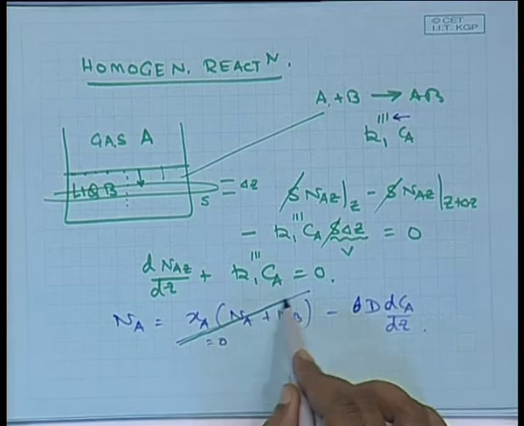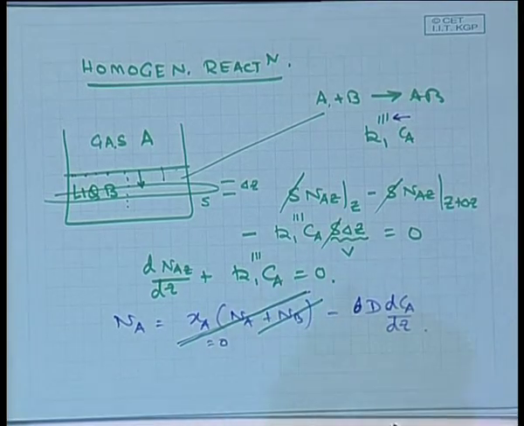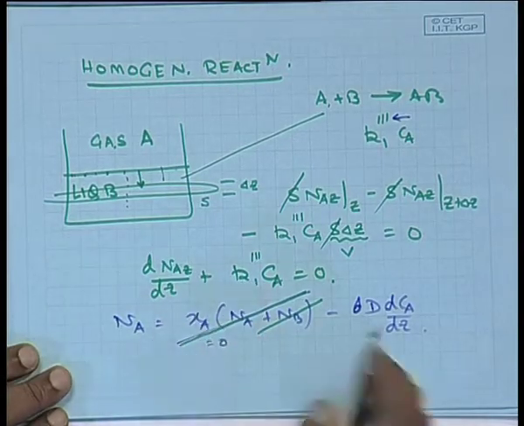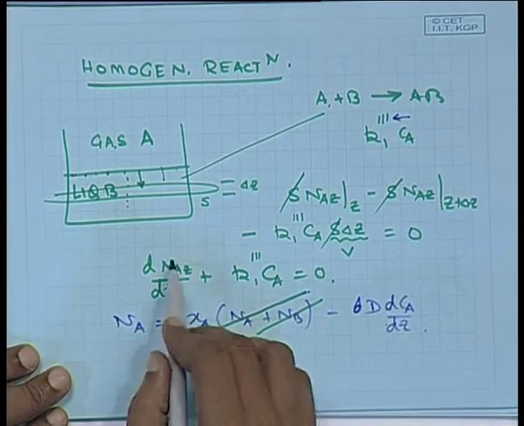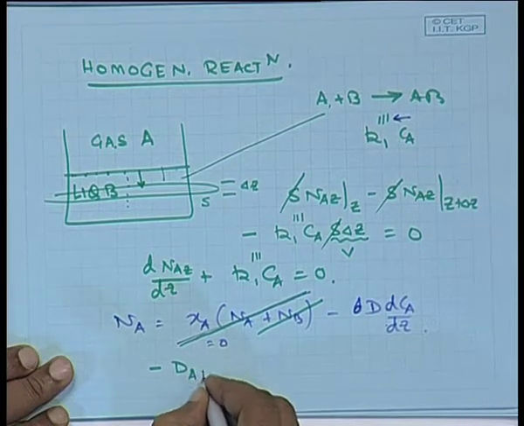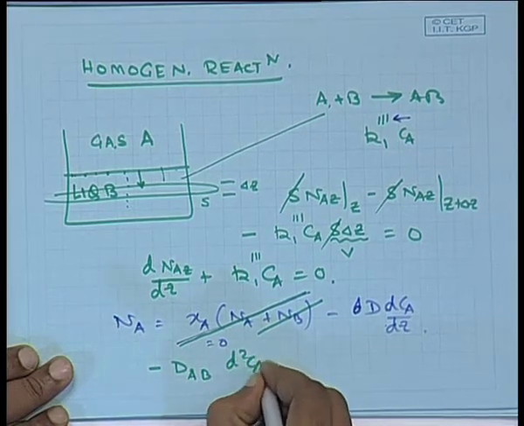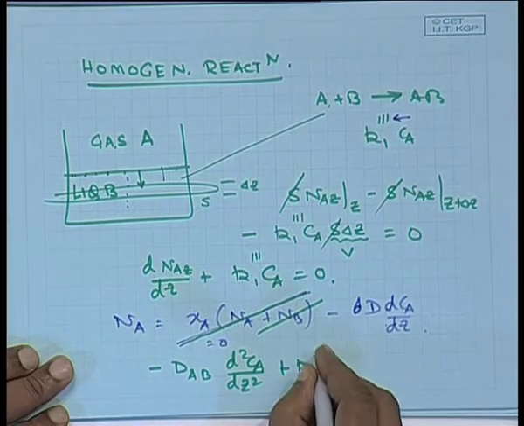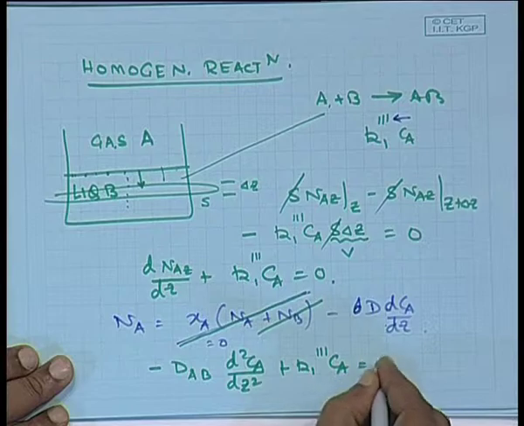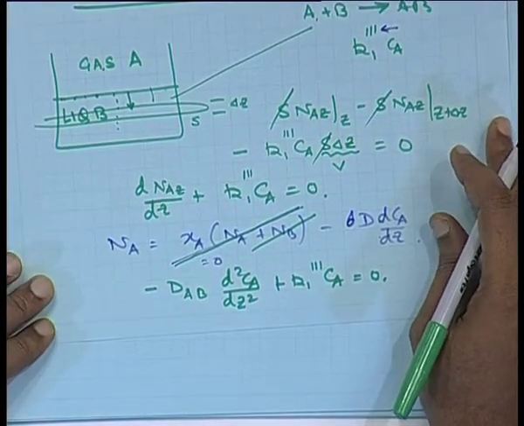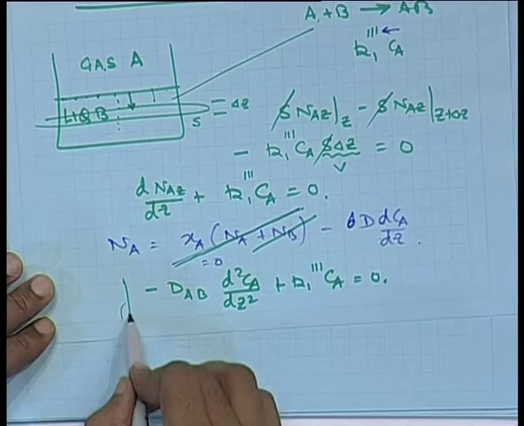Only for that case this part would be equal to 0. If this part is equal to 0, I simply substitute this back in here, which gives the governing equation as D_AB d2Ca by dz square plus K1 triple prime Ca is equal to 0.